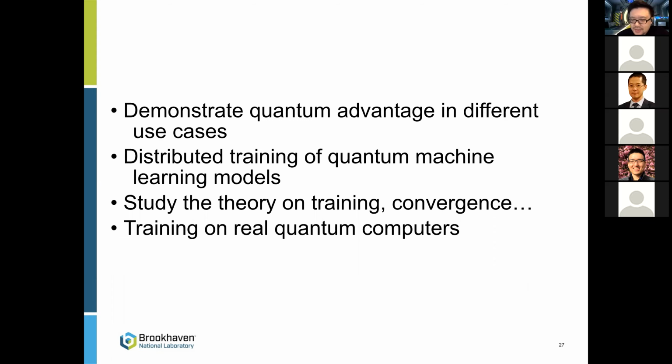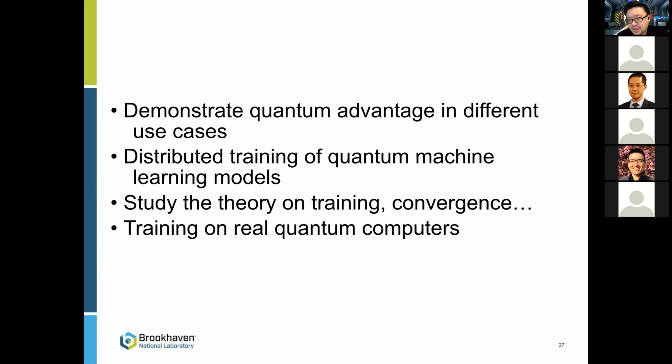Then there is a large area to study the theoretical foundation of quantum machine learning model training, the convergence, and many others. If we have a good theory, then probably we can have a better understanding of how to design good quantum machine learning models.